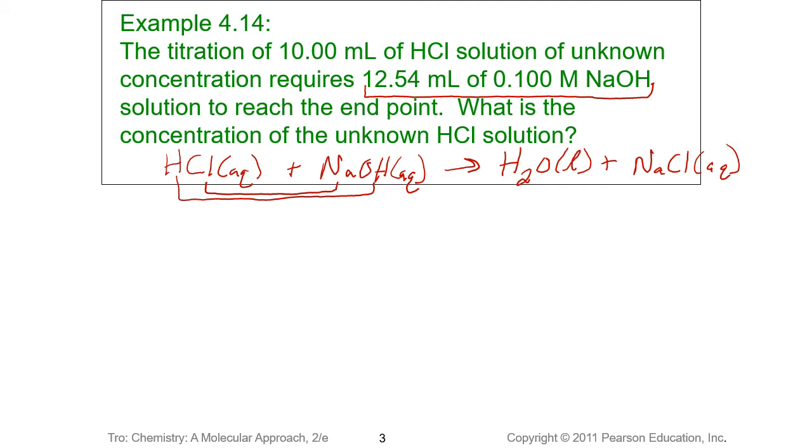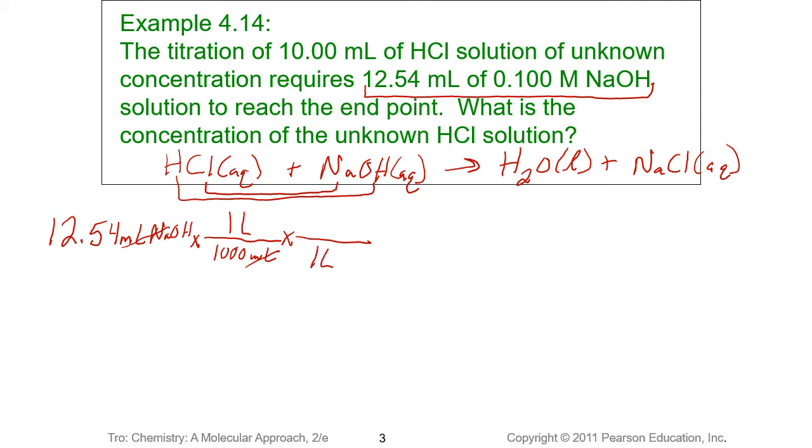We're going to start with the solution we know the most about: 12.54 milliliters of sodium hydroxide. There are multiple ways we can solve this problem. We can solve it as millimoles, we can solve it as moles, whichever you prefer. I'm going to convert it to moles. Now that I've converted the milliliters to liters, we can use our molarity of the sodium hydroxide to convert to moles.